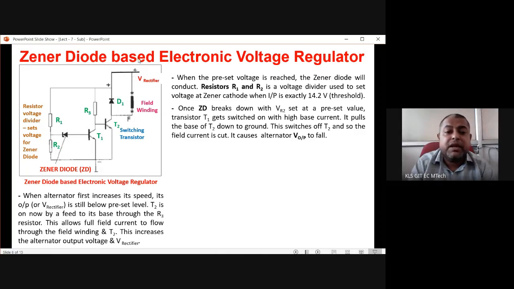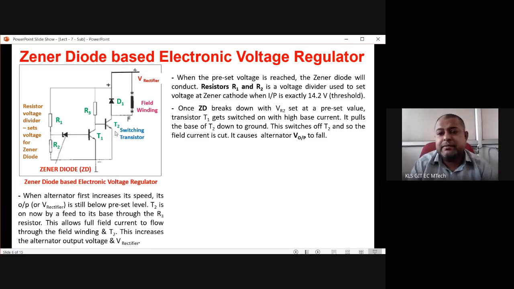Whenever T2 is off, the V rectifier field winding is not getting a path to the ground. That means this is open circuit. So as soon as T1 is on, T2 becomes off, and the field winding current is cut off. So in the first case, T2 was on, and this was short circuited to the ground: V rectifier, field winding and ground.